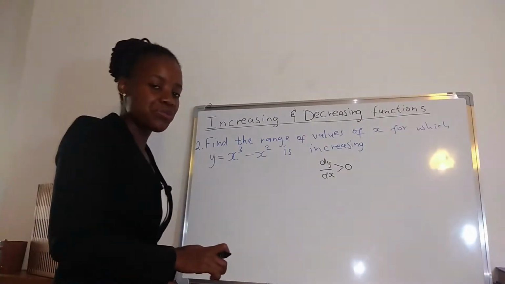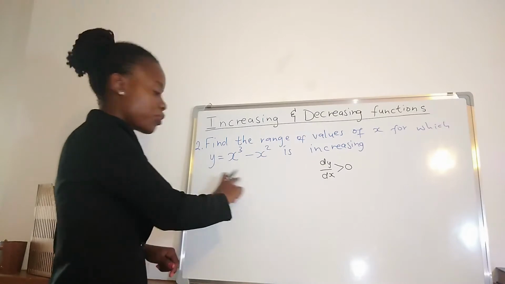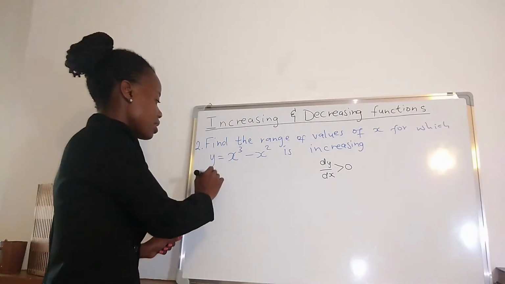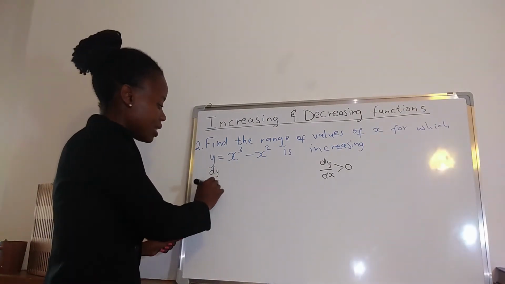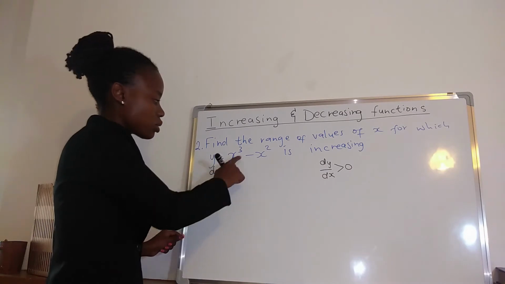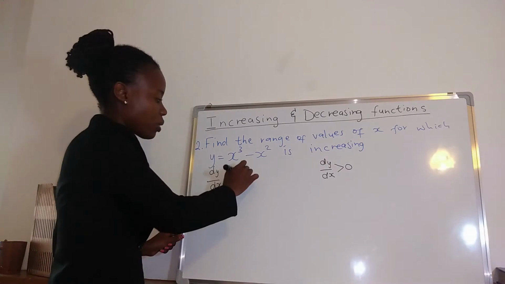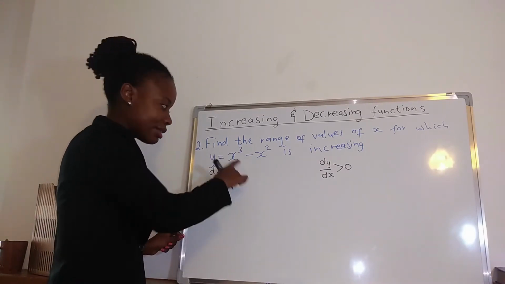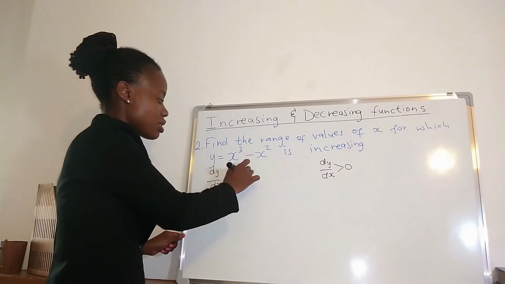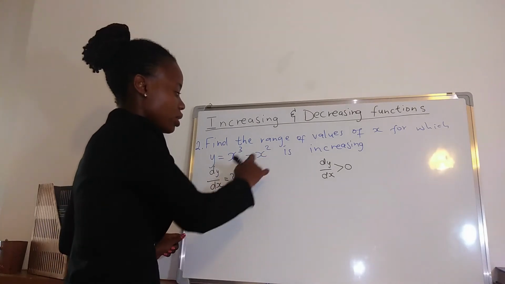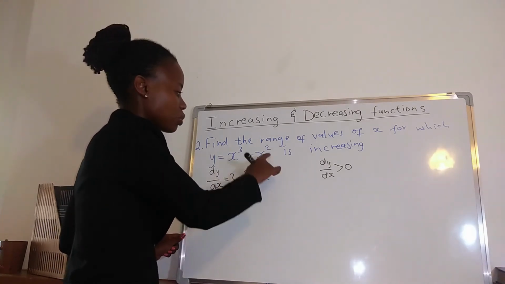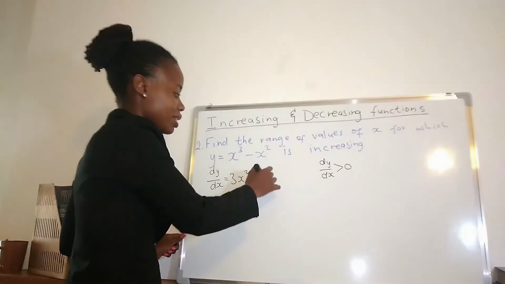So we're going to differentiate this. dy over dx equals, you drop the power 3, and you subtract 1 from the power: 3 minus 1 is 2. And you drop the power 2 and you subtract 1 from 2: 2 minus 1 is 1.